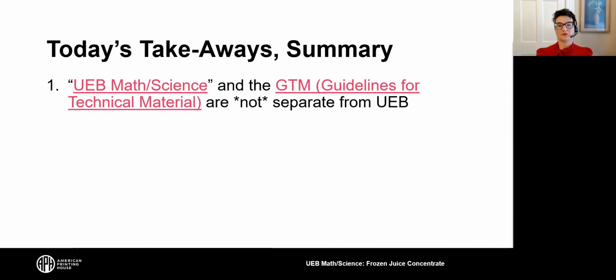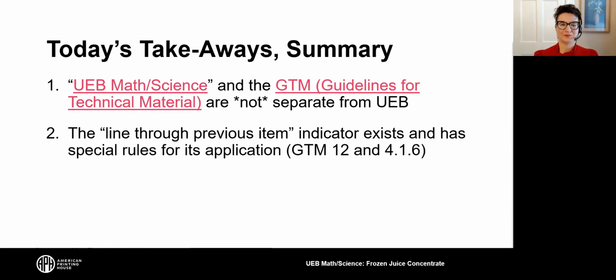Okay, so our takeaways from today. UEB Math/Science and the guidelines for technical material, or GTM, are not separate from UEB. Anything that's math and science is a further extension of the fully unified English Braille code.